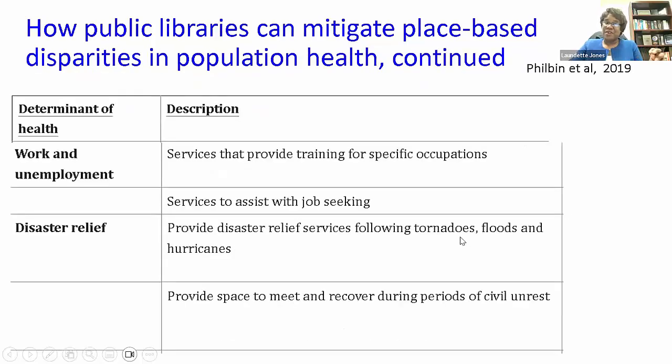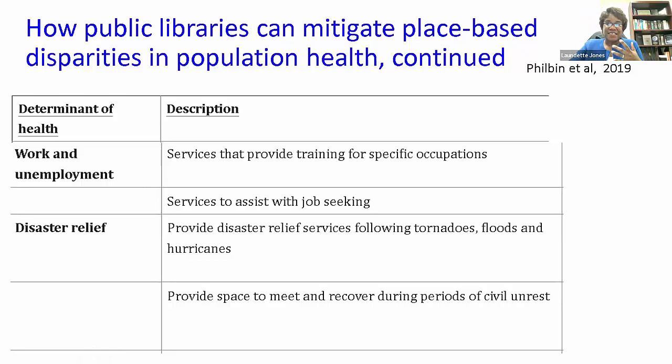There were other libraries that looked at ways to provide training for occupations and to help persons with job seeking, and disaster relief, having services for tornadoes, floods and hurricanes, and places to meet to recover during periods of civil unrest.